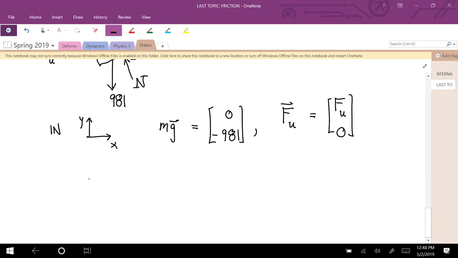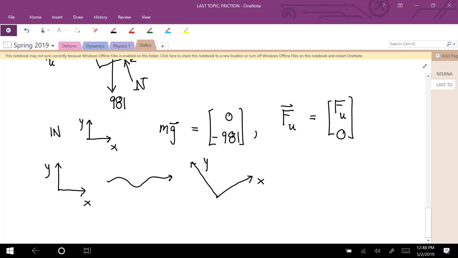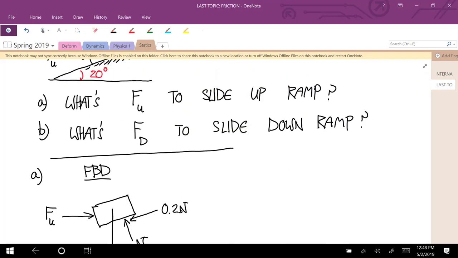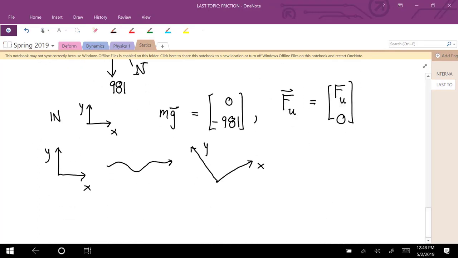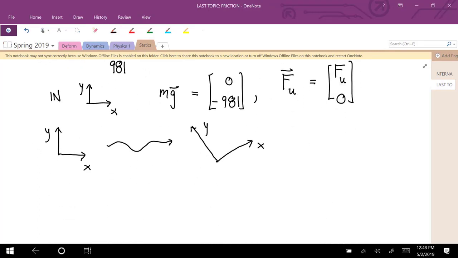And now if we want to go from this coordinate system to this one, what's the rotation we have to make? The magnitude is 20, because that's the angle between the horizontal and the incline. But is it clockwise or counterclockwise?